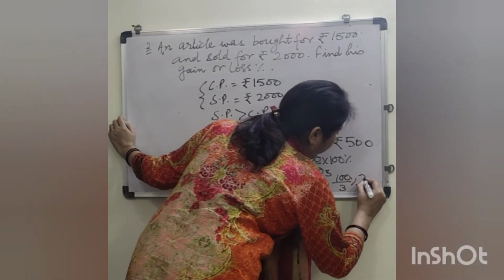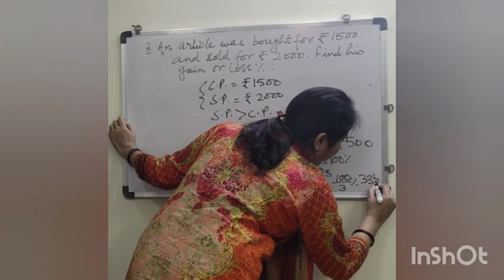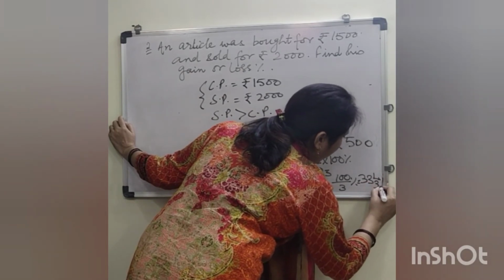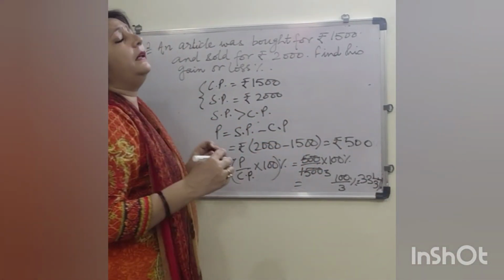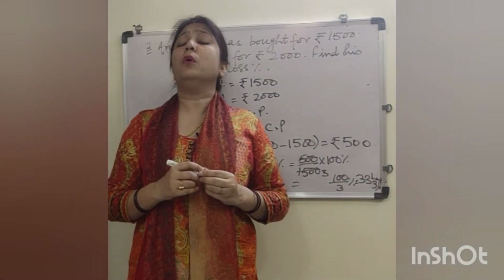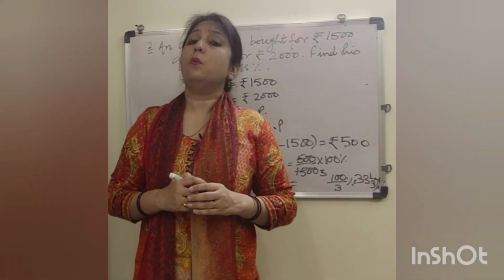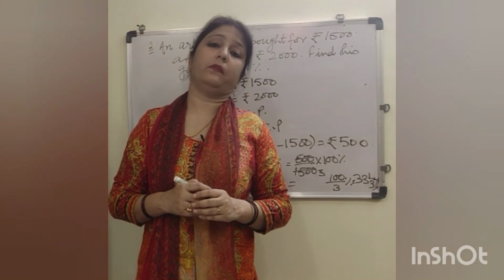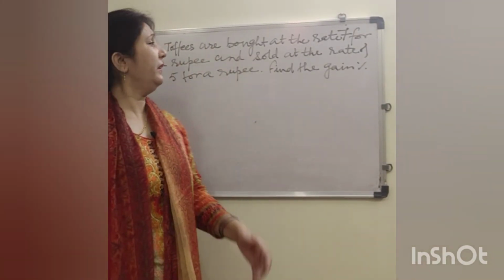That means 33 whole 1 by 3%. How much he has earned? He has earned 33 whole 1 by 3%.